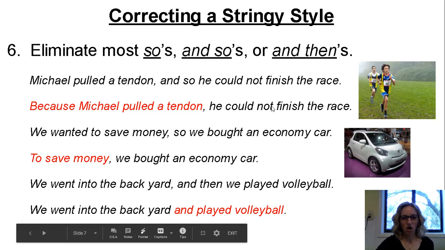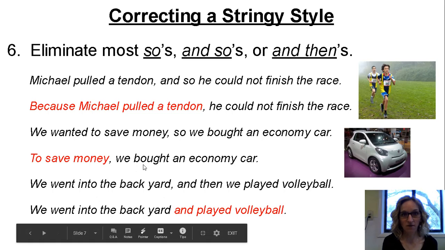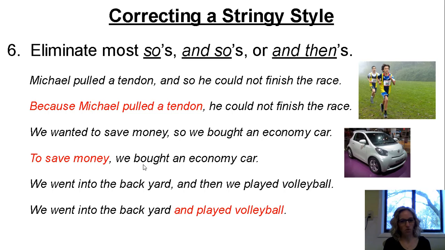Next one: we went into the backyard and then we played volleyball. Let's get rid of the and then and just say we went into the backyard and played volleyball. Okay, so now let's practice. If you'll take your book at 331, we're looking at exercise A. We want to rewrite these sentences and follow the directions that are in the parentheses there. Number one is telling us to make that italicized portion into an adverb clause.